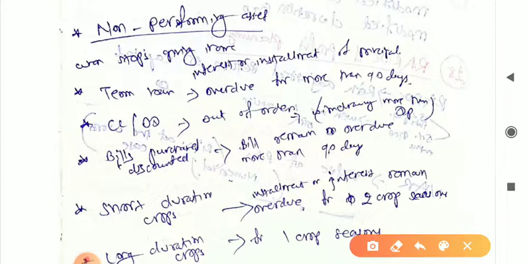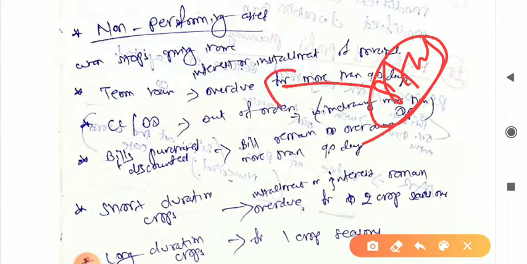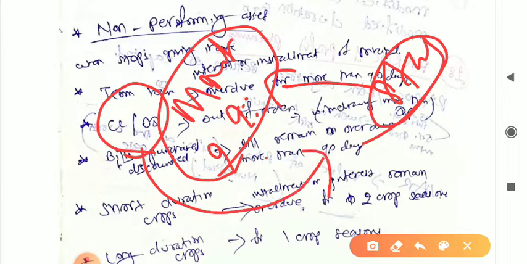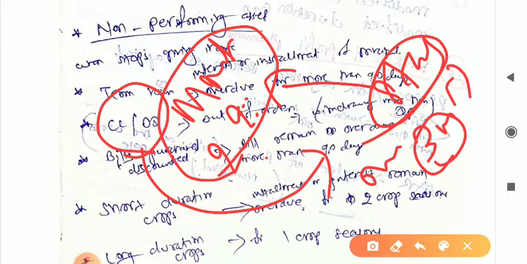In CC and OD, we normally take the stock statement, sometimes monthly, or 2 months, or 2.5 months, or 3 months. If the OD or CC account remains overdue for more than 3 months, then it will become NPA.